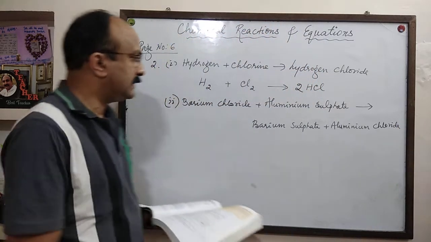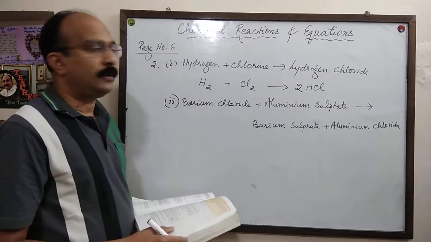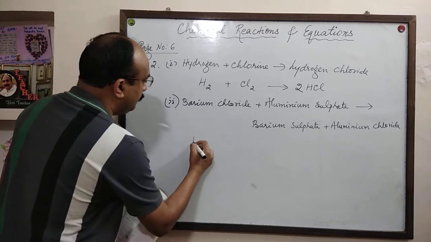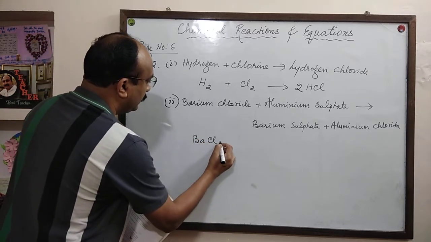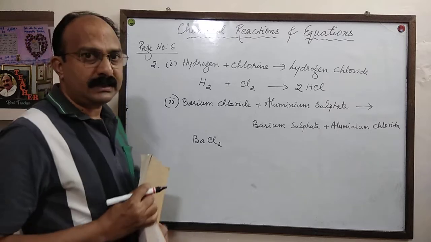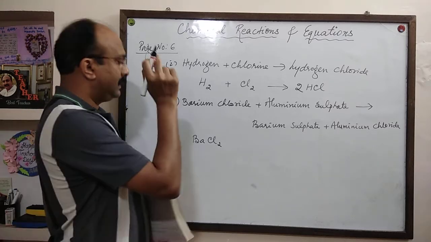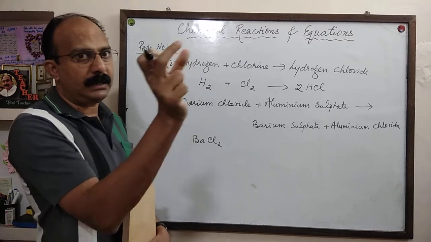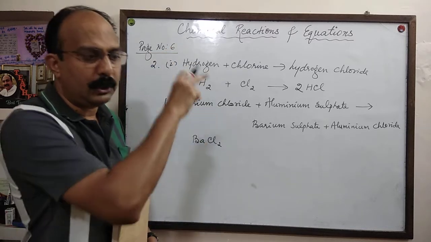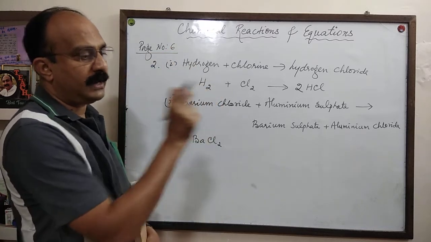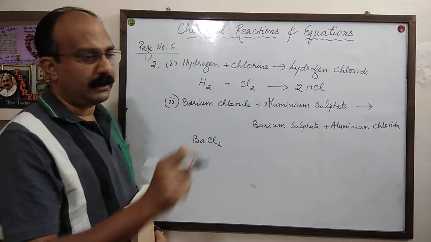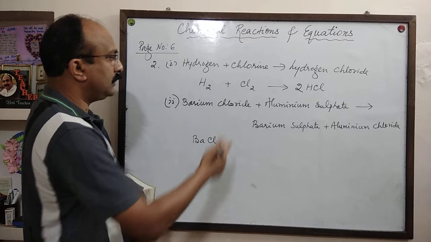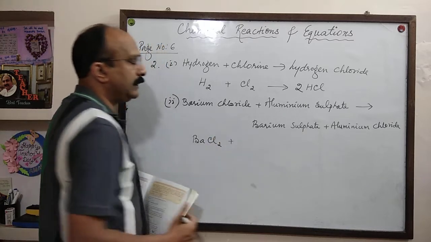Yes, the first part is changing them into symbolic form. Barium chloride is BaCl2. In class 9 you might have studied how to make the chemical formula, BaCl2, by writing the symbol and valency below it and cross multiplying. Ba valency 2, Cl valency 1. Cross multiply: Ba1 Cl2, that is BaCl2. Aluminium sulfate.